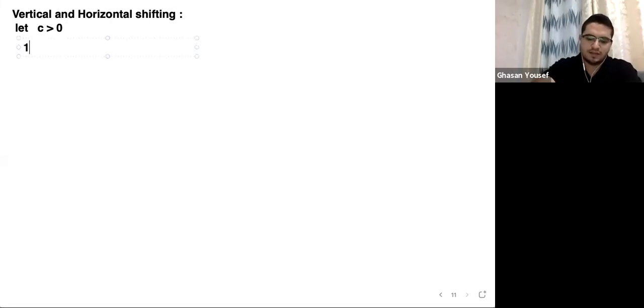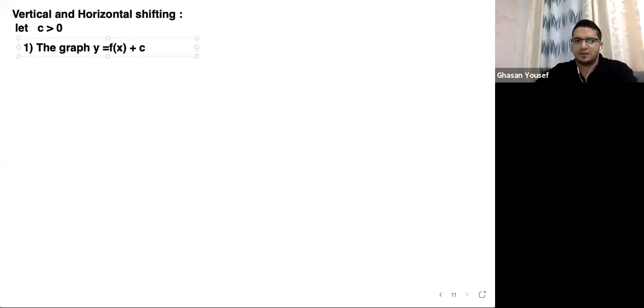The first one says: if I want to graph the function y equals f of x plus C, adding a number to the function f of x, the graph of this function depends on the graph of the function f of x.